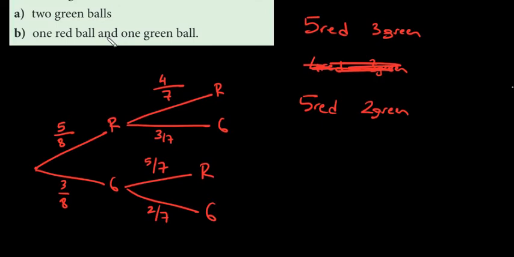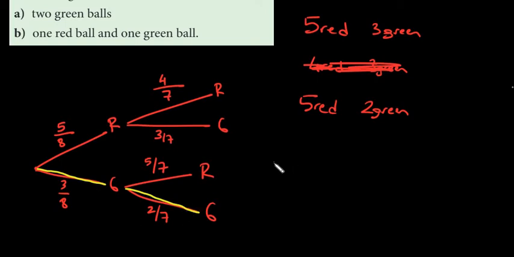Alright then, let's look at the questions. What is the probability of getting 2 green balls? 2 green balls. In the first, I want to get a green. In the second, I want to get also a green. So I travel this way, right? I multiply all the numbers on the way. Okay?